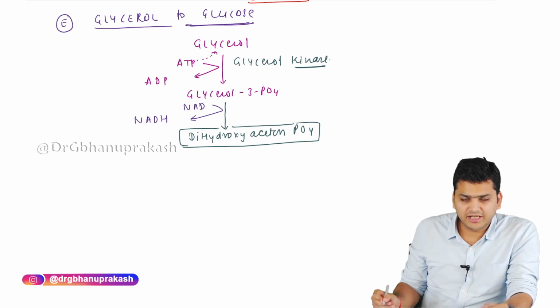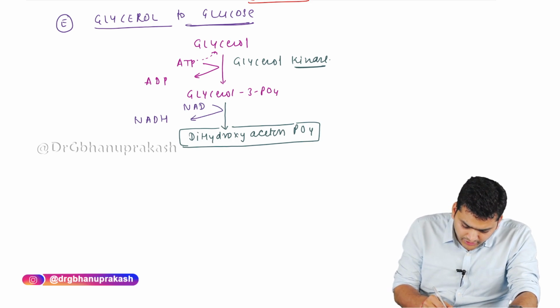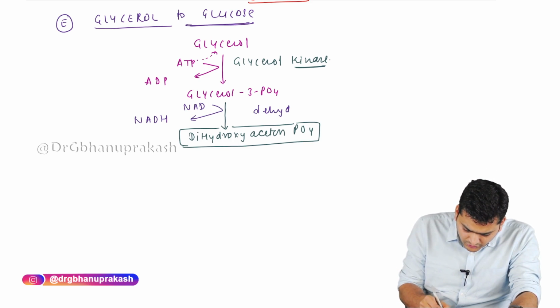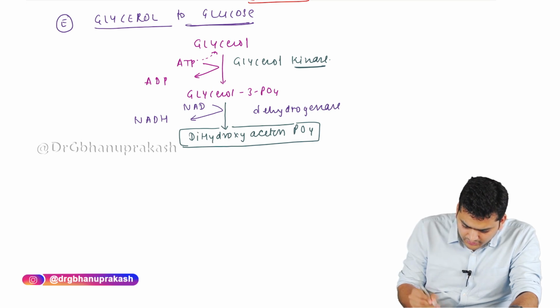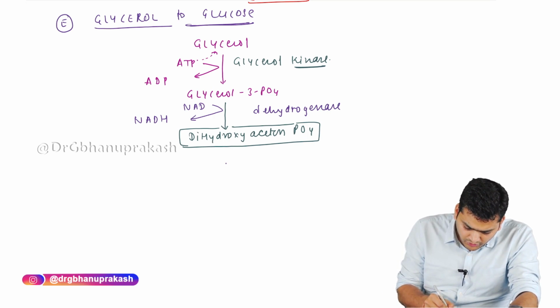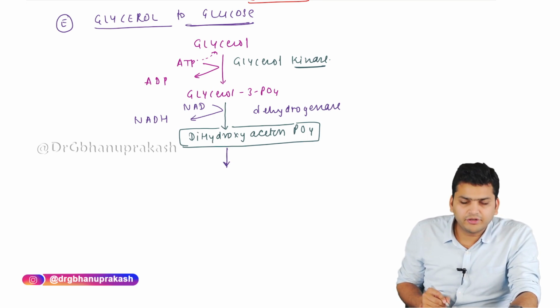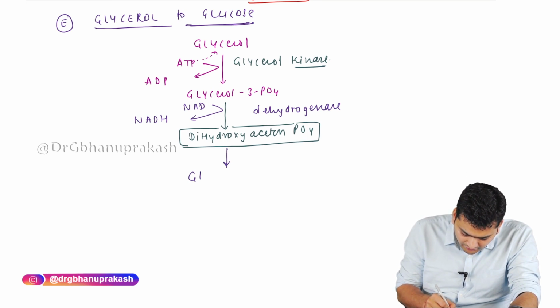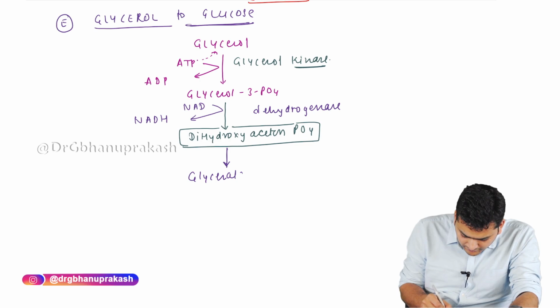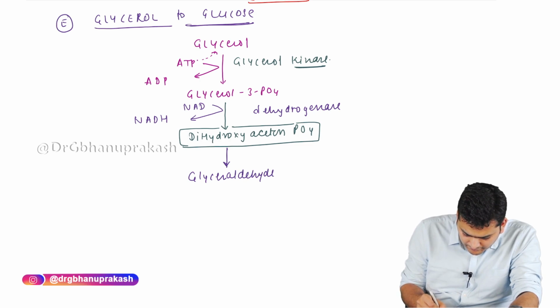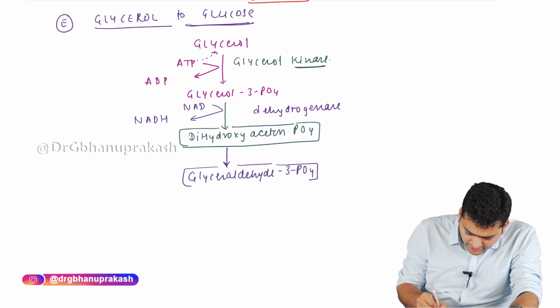And we know that whenever there is NAD, NADH, the name of the enzyme is going to be dehydrogenase. So it is going to be glycerol 3-phosphate dehydrogenase. Then this dihydroxyacetone phosphate is going to convert into its isomer, glyceraldehyde 3-phosphate, because they are the isomers of one another. So the name of the enzyme is isomerase.